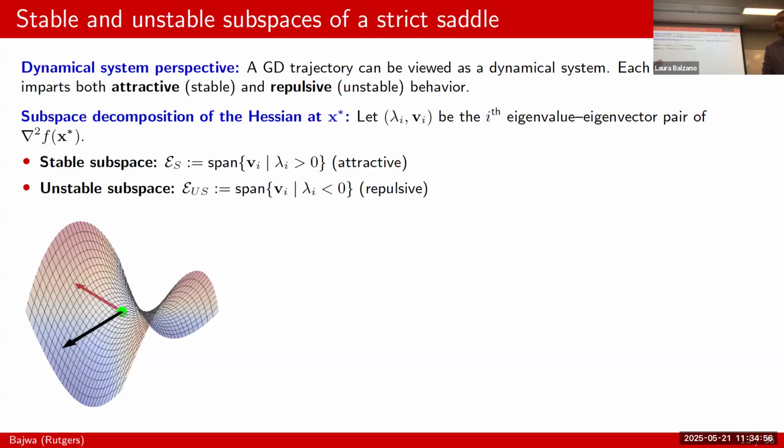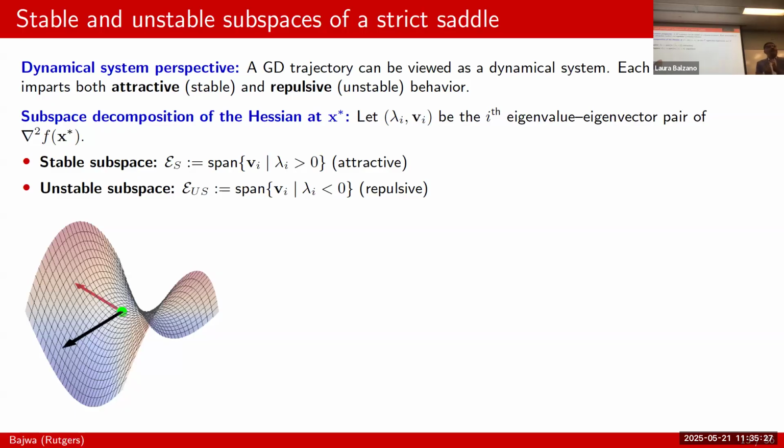That's where the almost sure part comes in: the only way you'll get sucked into the saddle is if you align perfectly with the stable subspace. So if you randomly initialize, almost surely you are not going to align with that. That's a one-minute proof of why it doesn't converge.